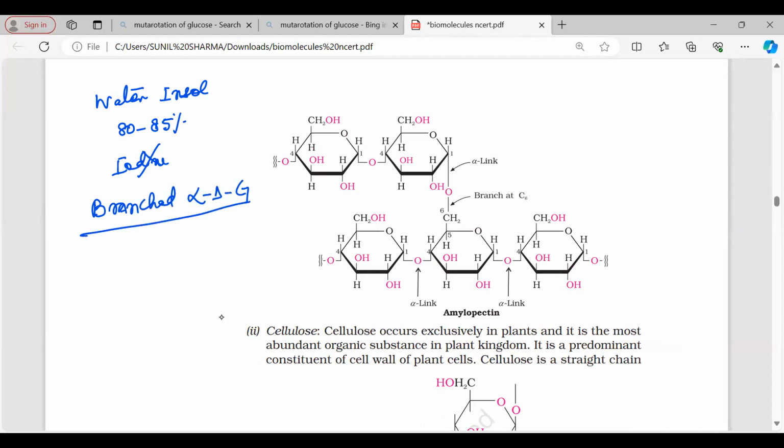So they are quite the opposite of each other. If you know the properties of one, you should be knowing about the other. And please keep in mind, ये structures नहीं करने हैं. Structure जो मैंने बोले हैं, only they are to be done. Clear about starch के बारे में? Clear हो गया? Yes, sir. But the one question about starch, if I have to pick up, will always remain: what are the components of starch?